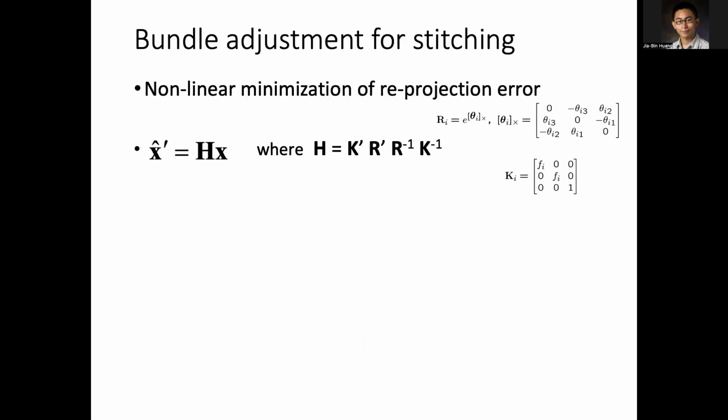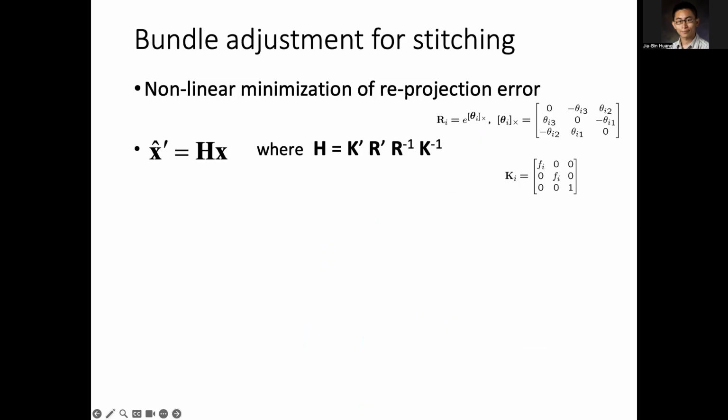All right. As we talked about earlier, the homography H is kind of overly complicated. It has 8 degrees of freedom, but that is only because we treat H as an unknown entity. H actually comes from the intrinsic parameters K and the rotation difference between the two cameras.